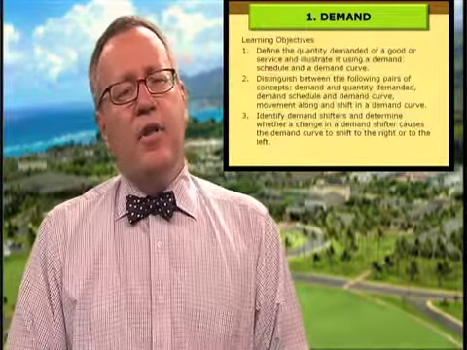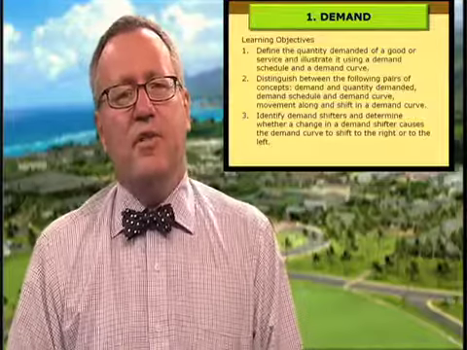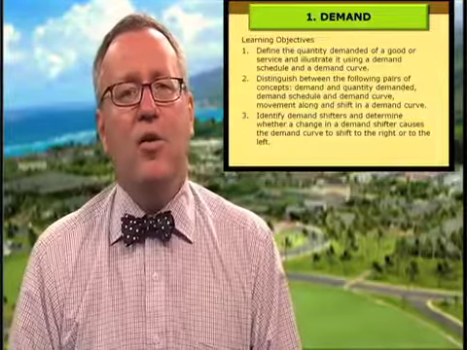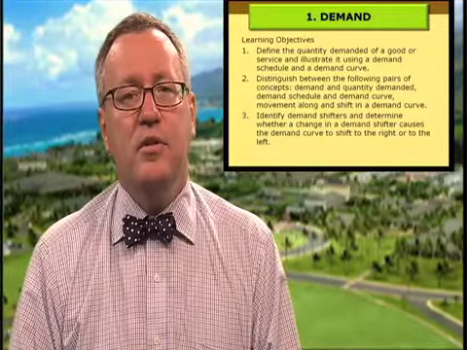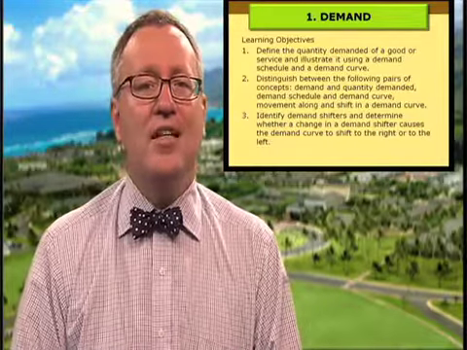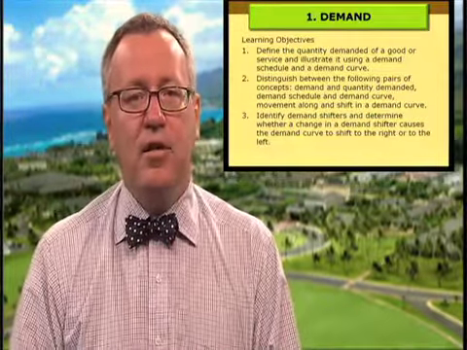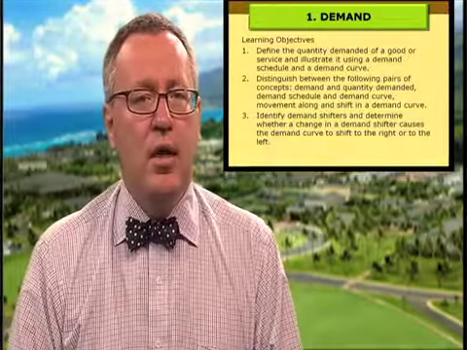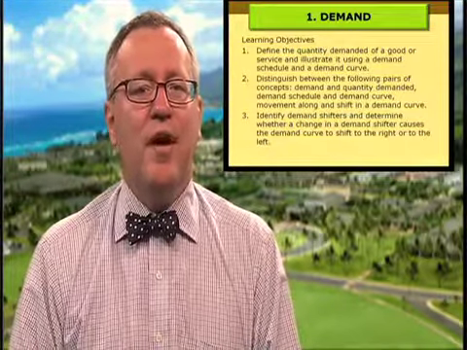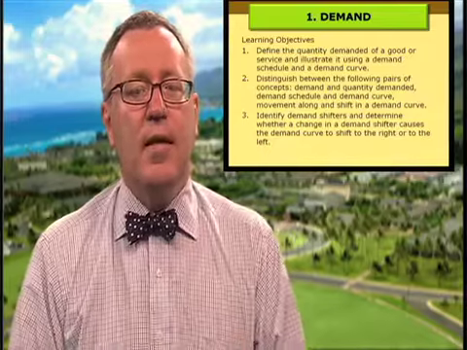Let's talk about demand. For the learning objectives for this section of the chapter, we're going to try and define the quantity demanded for a good or service and illustrate using a demand schedule, which is nothing more than a table, and a demand curve. Number two, we're going to distinguish between the following pairs of concepts.